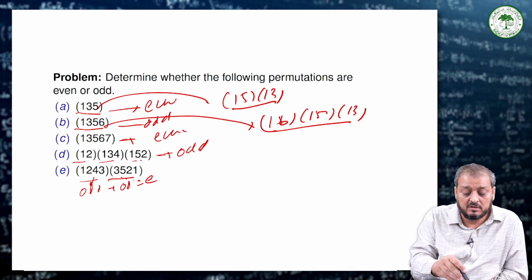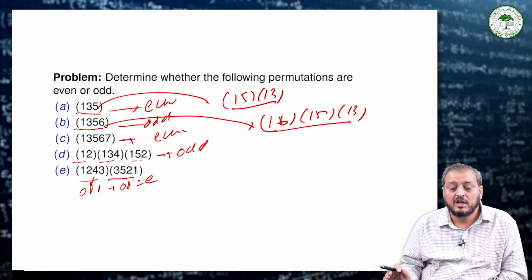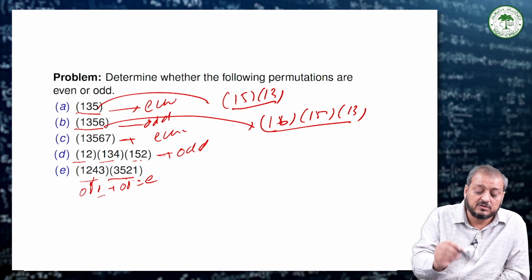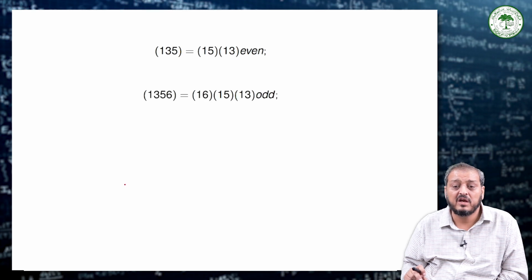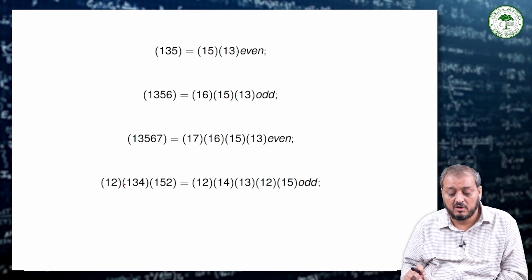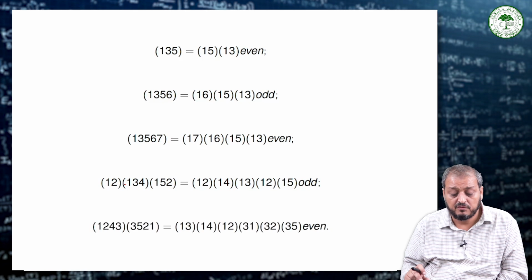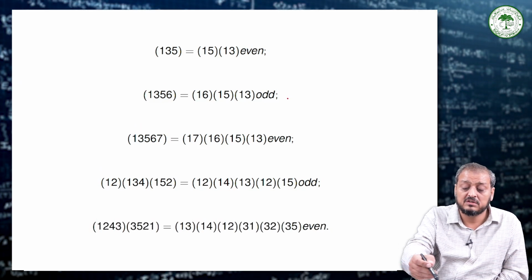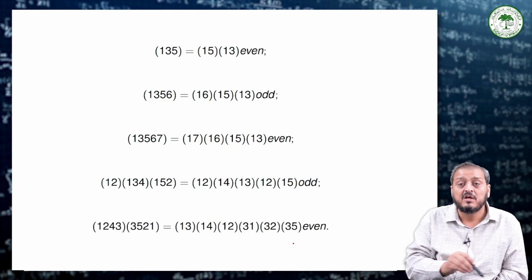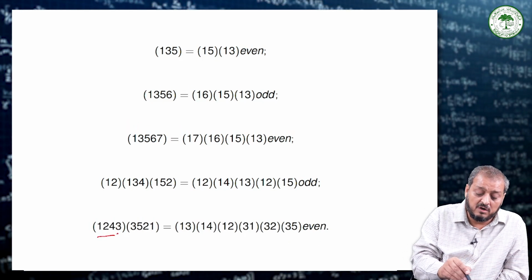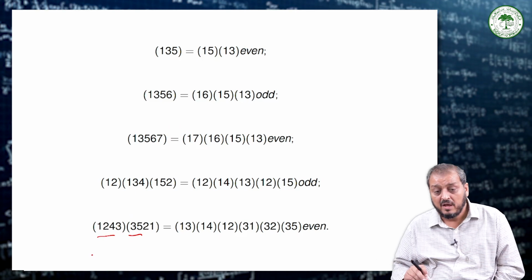Clearly odd plus odd is equal to even. So we have to solve it by the method of this form: this is even, this is odd, this is even, this is odd, and this is even, because odd plus odd is equal to even.